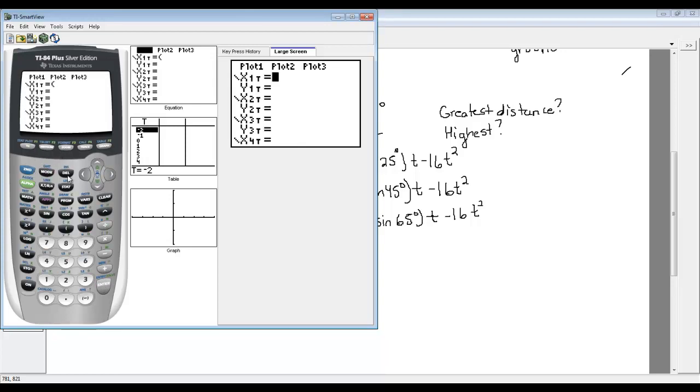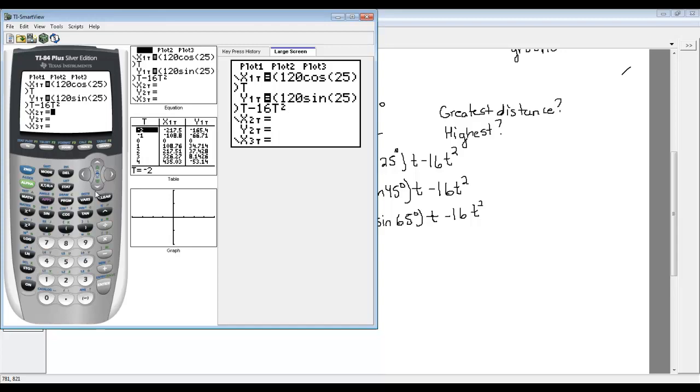For x sub 1, we're going to have 120 cosine of 25 times t. Y sub 1, we're going to have 120 times the sine of 25 times t minus 16t squared. That's just for golf ball 1.